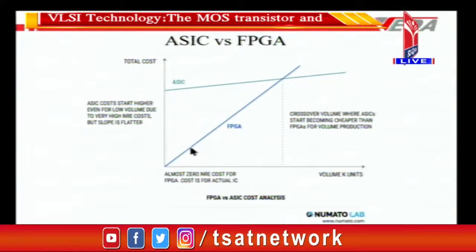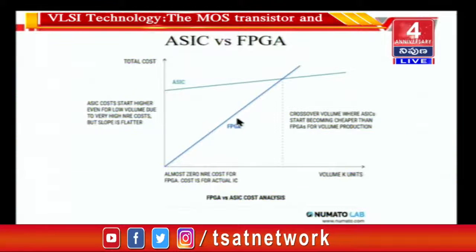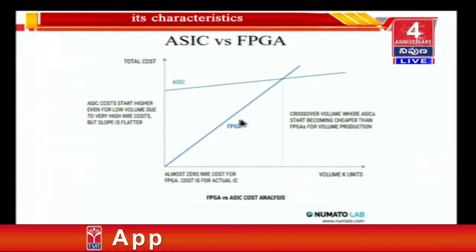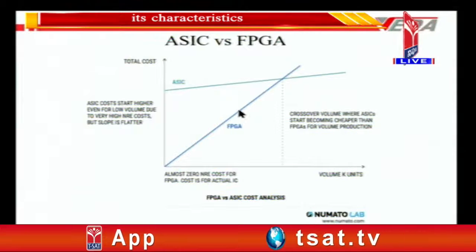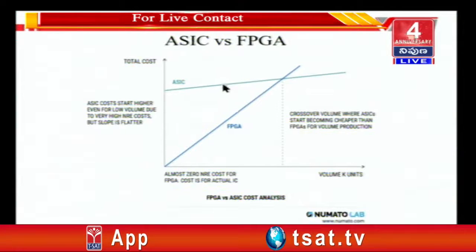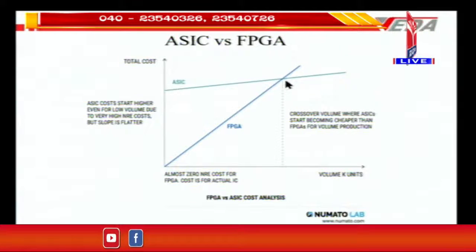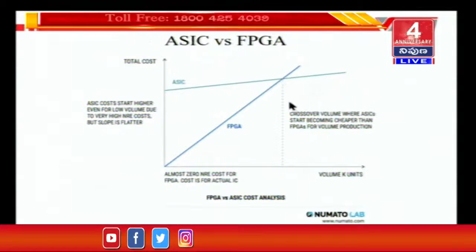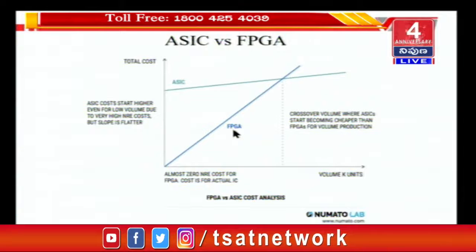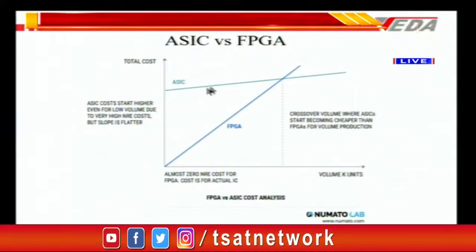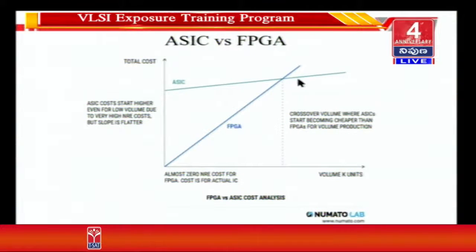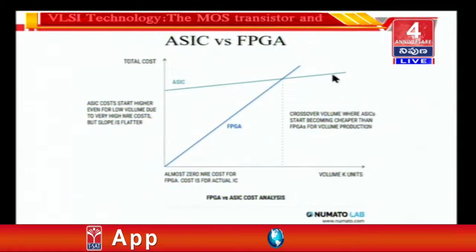But as the number of units keeps increasing, the FPGA cost is linearly proportional and has a greater slope than the costs which increase for the ASIC when the ASIC volumes are increased. The point of crossover is the point where the costs due to FPGA usage and the costs due to ASIC usage are the same. Beyond this volume, ASIC usage will give you lesser costs.